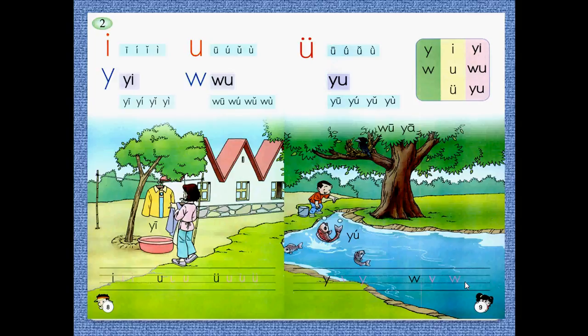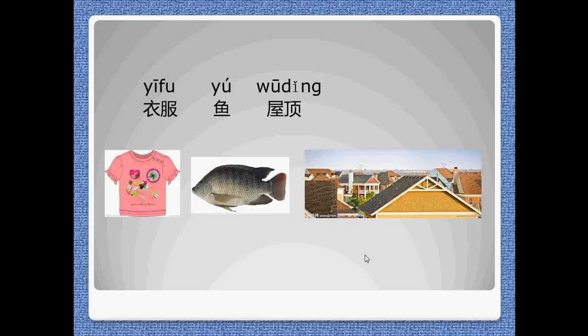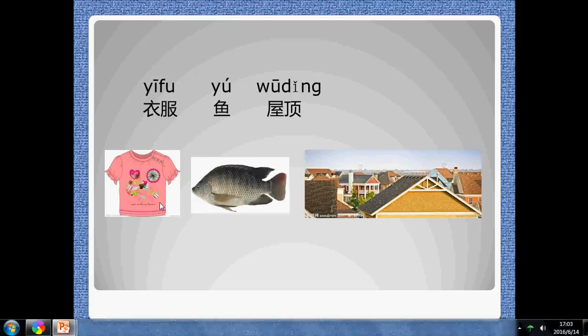So let's repeat. 一, 以, 乌, 五, 鱼, 语, 玉. Again, some words. The first one, as I mentioned, 衣服. And you may feel a little bit curious because you see the second Chinese phonetic has no tone, right?